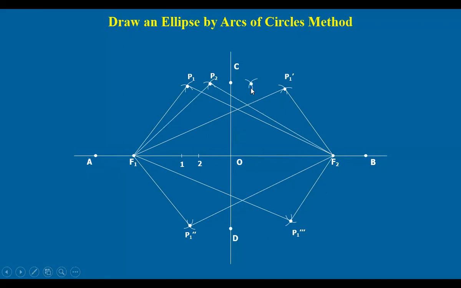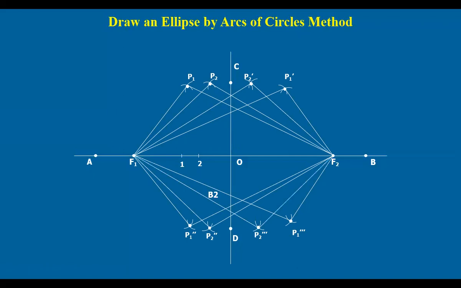So we get one single intersection point. Now, similarly, we draw the curve in the bottom also, with A2 and B2, and here another point. Likewise, if you take 1 point between F1 and O, we get 4 points on the curve.